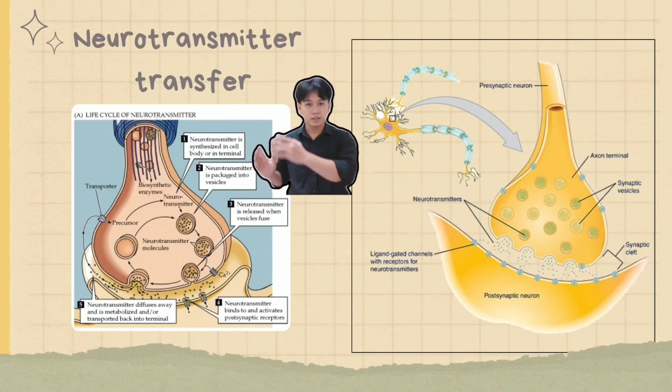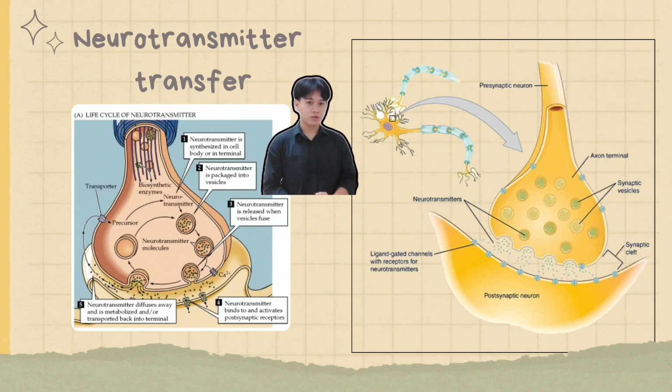As you can see in this picture, the neurotransmitters are synthesized within the cell body of the neuron, and then packaged into synaptic vesicles. Upon stimulation, these vesicles will undergo exocytosis, in which the neurotransmitters are released into the synaptic cleft.